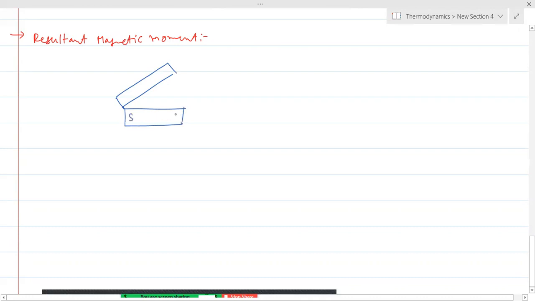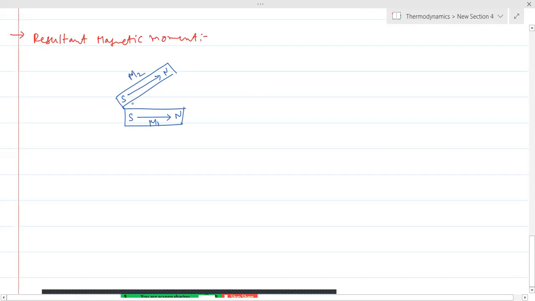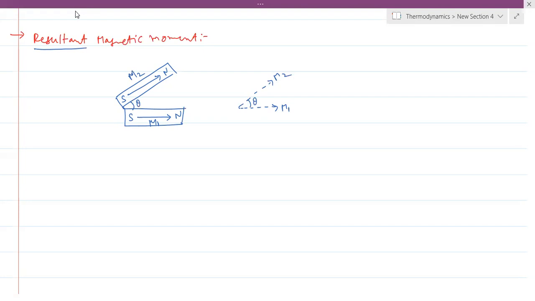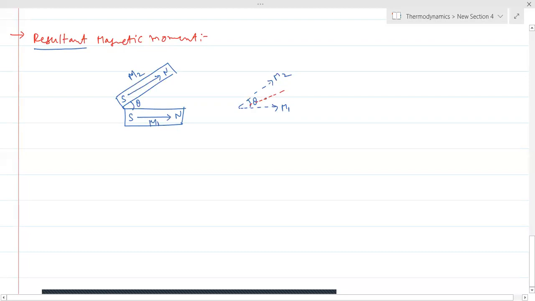This is S to N, so in this way we have the magnetic moment for one magnet, and this is S to N, the magnetic moment for the other magnet, M2. Between M1 and M2 we have the angle theta. Or we will easily convert it: this is M1, this is M2, and this is theta. Resultant means always the vector resultant, which means addition. So now we will get the resultant, let us say M dash.